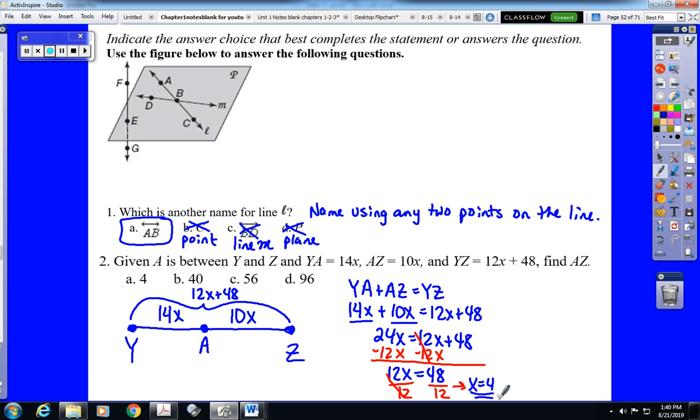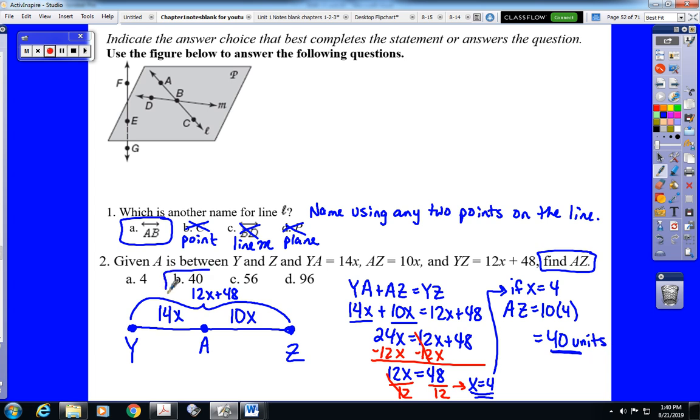Now, let's check back to see if that answers the question. It does not, because we are supposed to be finding AZ. Well, if x is 4, AZ is 10 times 4, or 40 units. So our correct answer is letter B, 40.